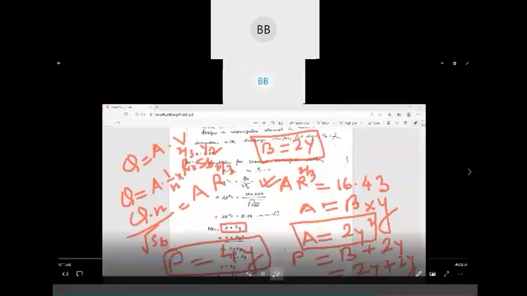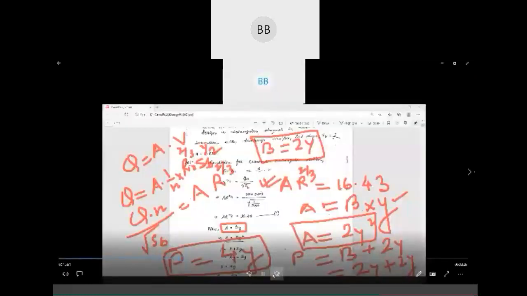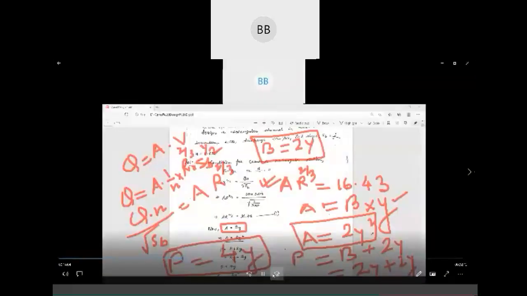Then we know the area of a rectangular channel is nothing but width of the channel multiplied by depth of flow, and the economic condition of a rectangular channel is b is equal to twice y. So what we are going to do? We are substituting in place of b as twice y. So the area expression will become twice y square.